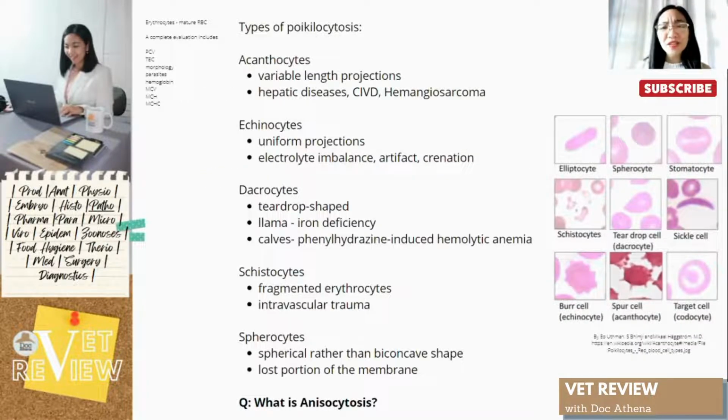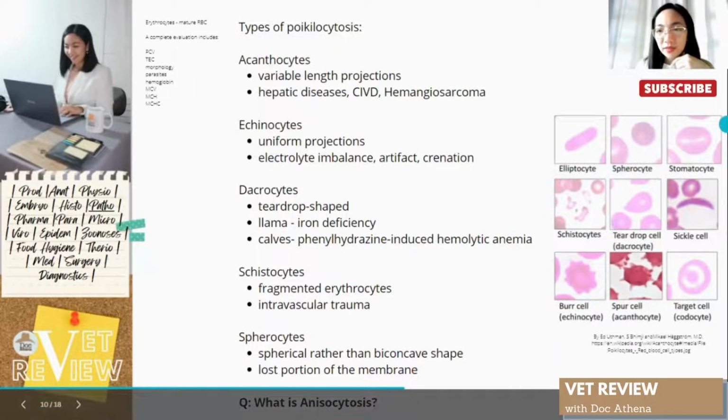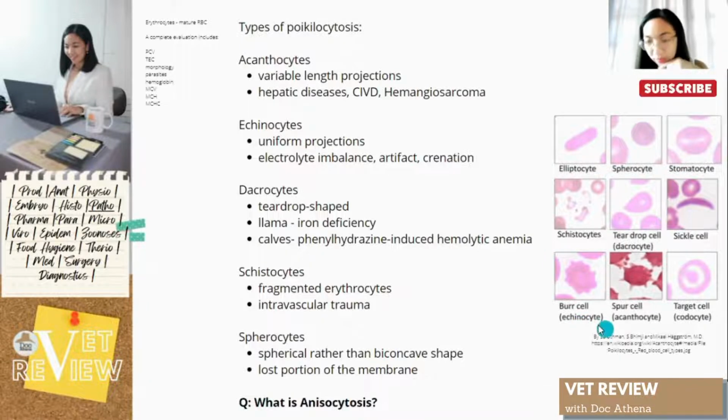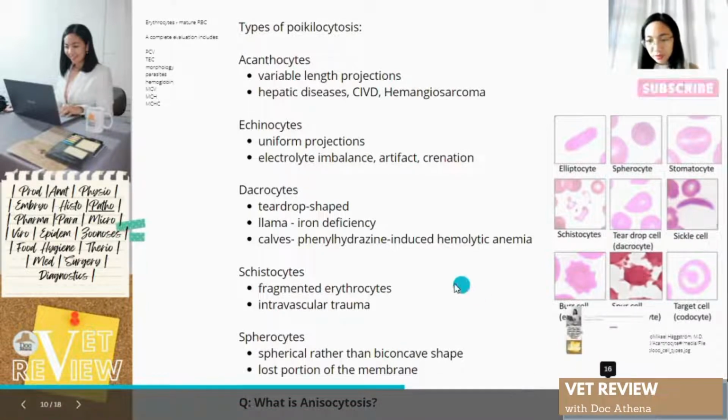Now, let's talk about the different types of poikilocytosis. First are the acanthocytes. Acanthocytes have variable length projections. Normally the red blood cell is biconcave in shape, okay? You have a photo here on the right. Disclaimer, this is not mine, and let's recognize the source.